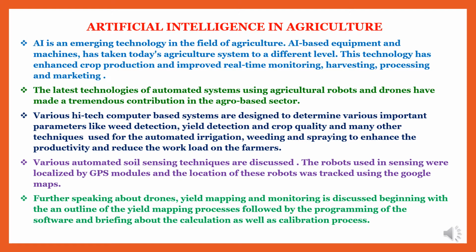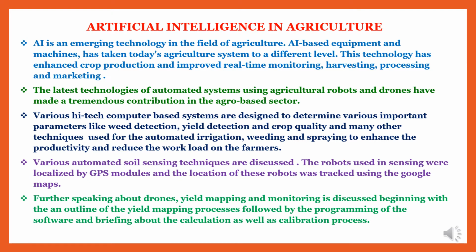Various high-tech computer-based systems are designed to determine important parameters like weed detection, yield detection and crop quality, and many other techniques used for automated irrigation, weeding, and spraying to enhance productivity and reduce the workload on farmers.